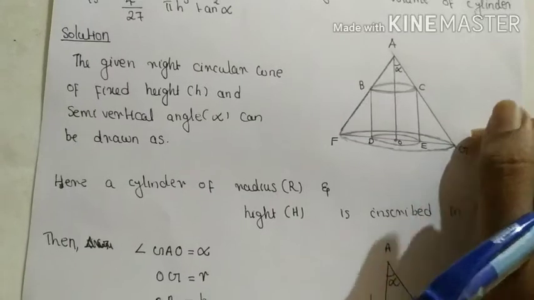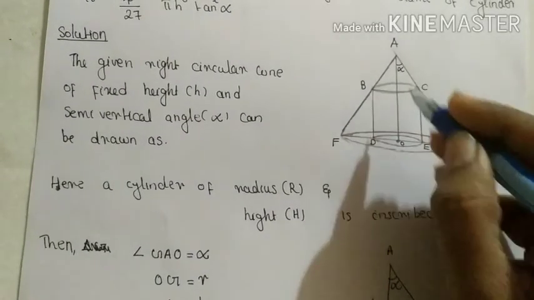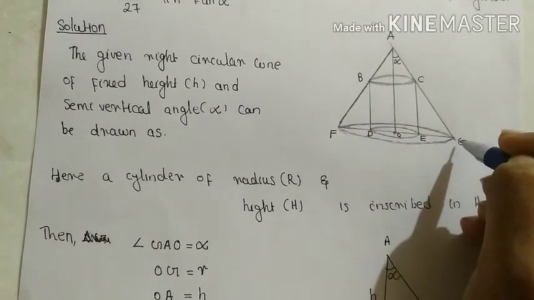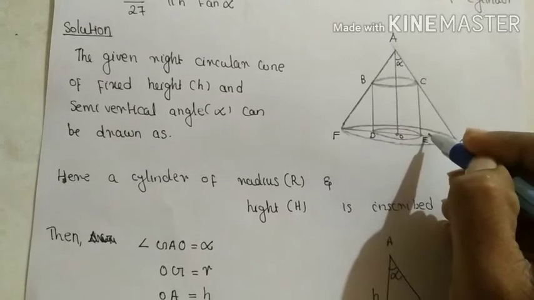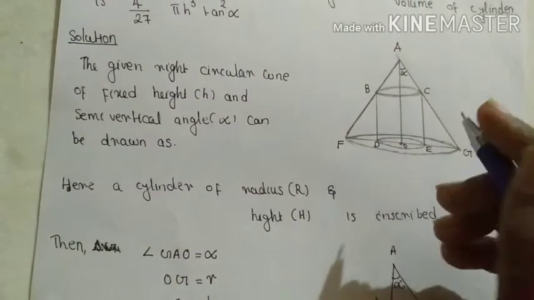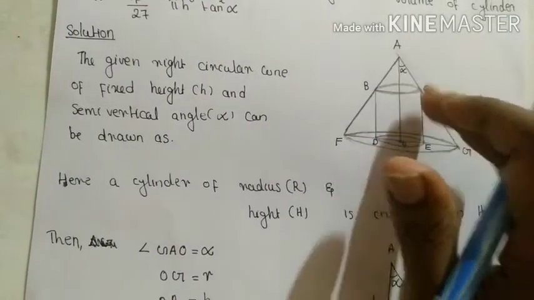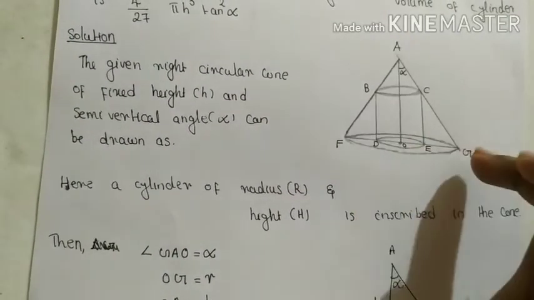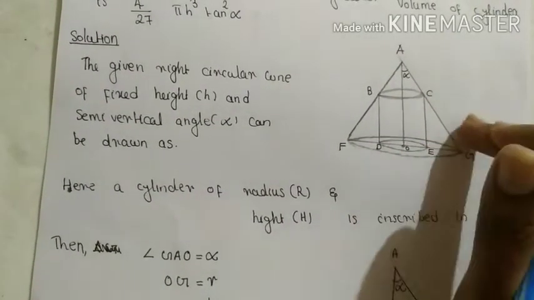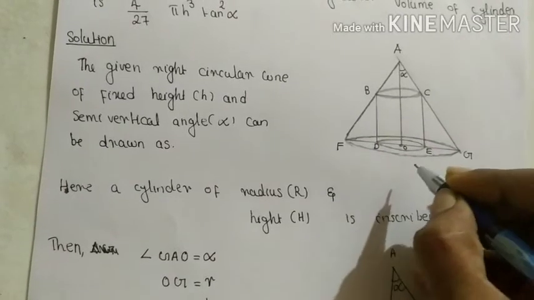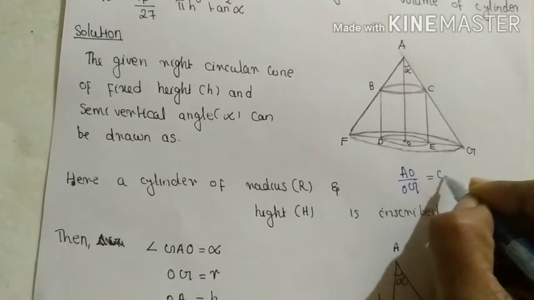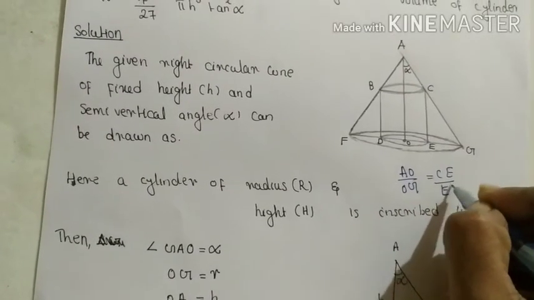So we can write AO divided by OG is equal to CE divided by EG.